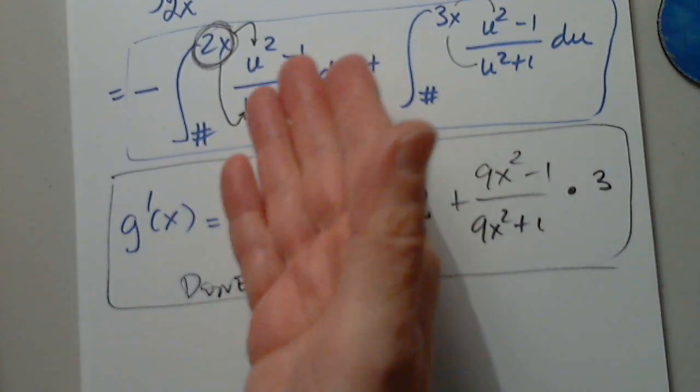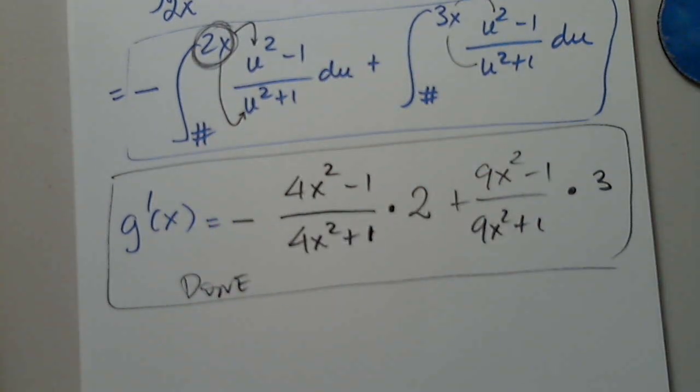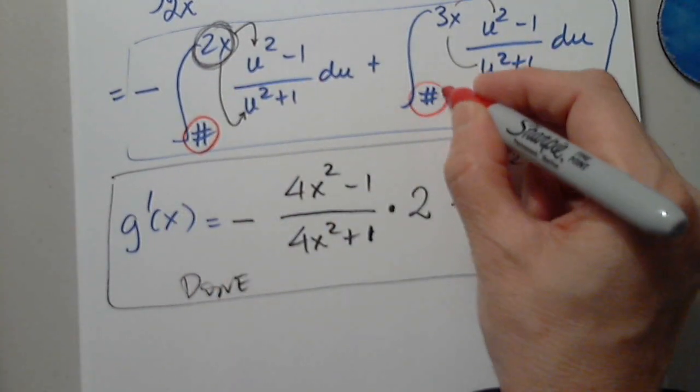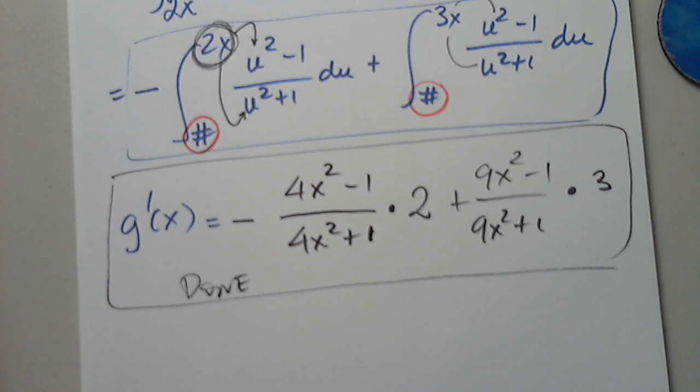It does not mean anything, but it has to be here, it has to be at the lower limit, and it has to be a constant. That's it about fundamental theorem of calculus part 1.